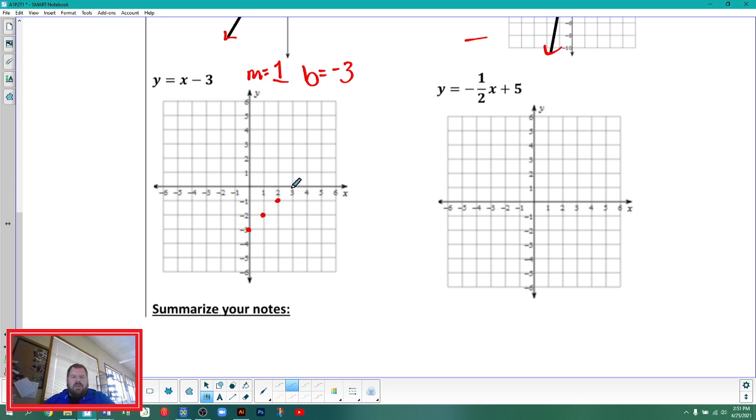And I better continue that a couple times, especially since it's pretty easy to count. I can even go the other way, just to give myself a little bit better idea of where this line goes. Gives me a good place to start with the line tool that I have. If you just put that a couple times, I could see making a pretty good line out of that information.